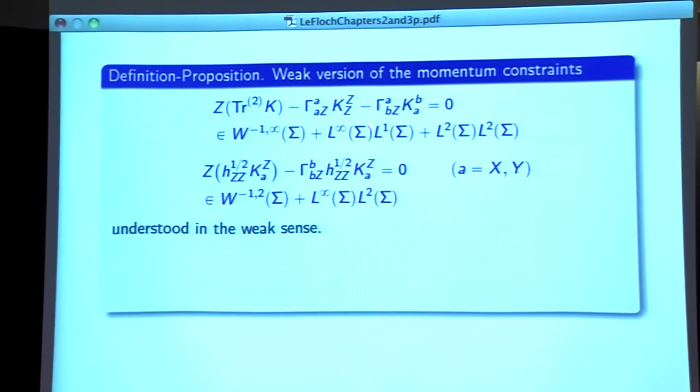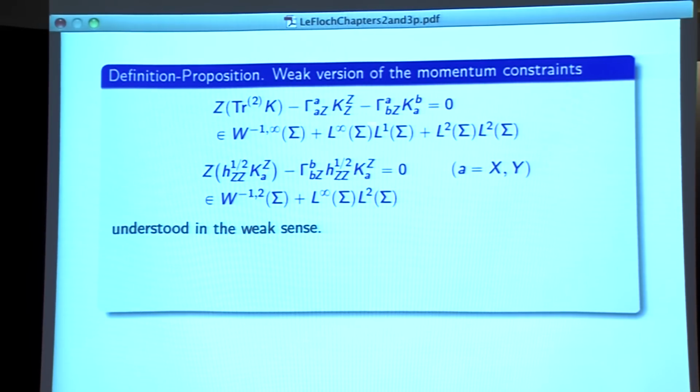So we have actually three equations. The first one is like this. So you have the z derivative of the two trace of k. Then you have this contraction of the Christoffel symbols times kzz. So you remember that this contraction was L infinity, and kzz is only L1. And then you have terms that are all L2.